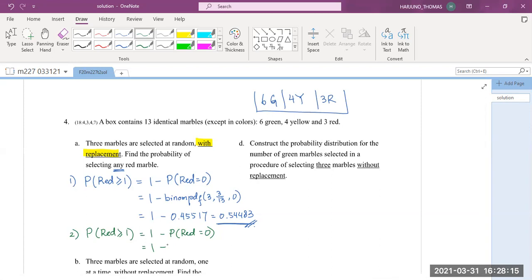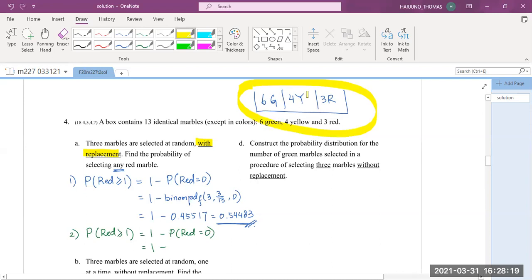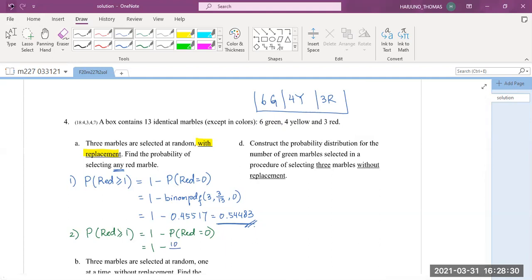Now, what is the probability in your first choice that you get not a red? They are 10 out of 13 not red. Now, after you get something not red, you put it back. What is the probability the second one is also not red?